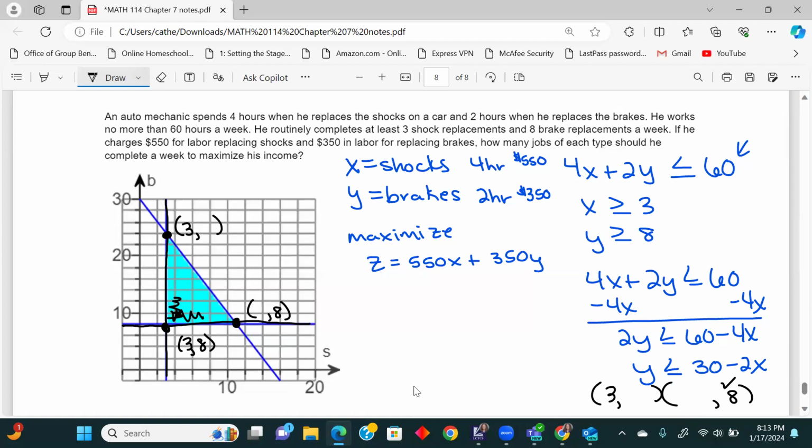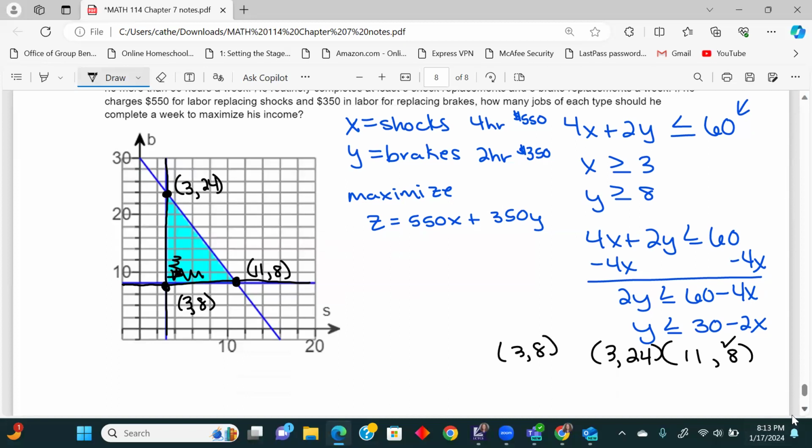And this is what you get. So that's 3, 24 and 11, 8. And then the point where you have the x and the y, that's also a corner point, is 3, 8.